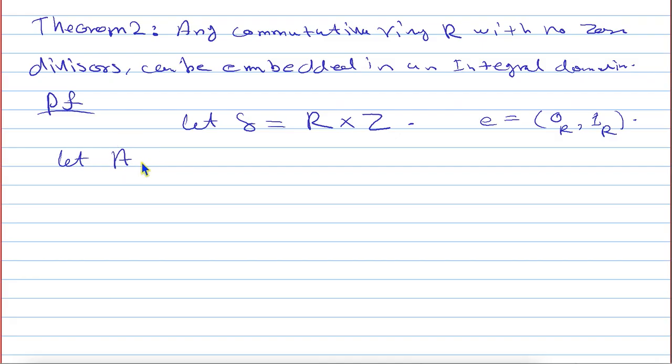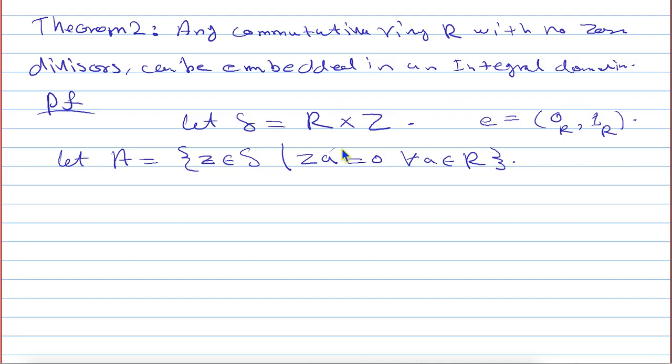Let A equal all Z in S such that Z times a equals 0 for all a in R. Remember that R can be viewed as an ideal of S. By the embedding theorem of the first session, R is embedded as an ideal.